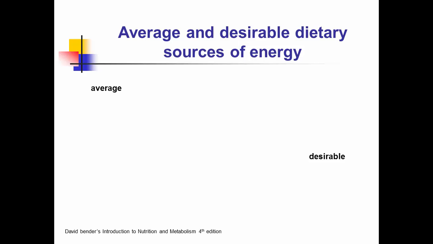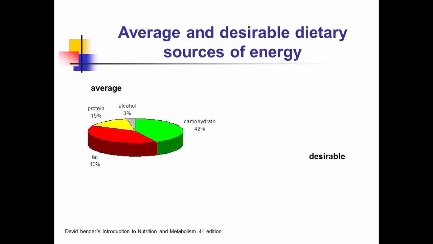Now let's talk about the dietary sources of energy, average versus desirable. The average means that in the American population, how much we consume of the different nutrients, the percentage, right? So on average we have about 42% carbohydrate in our diet, and 40% fat, and 15% protein, and 3% alcohol that we consume.